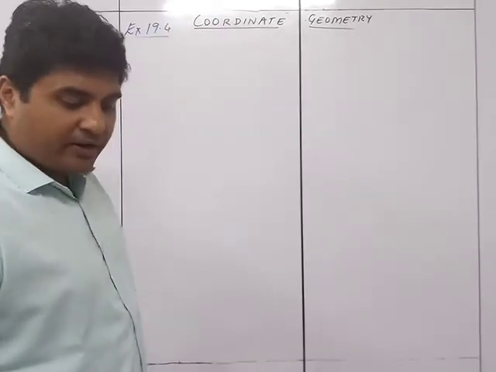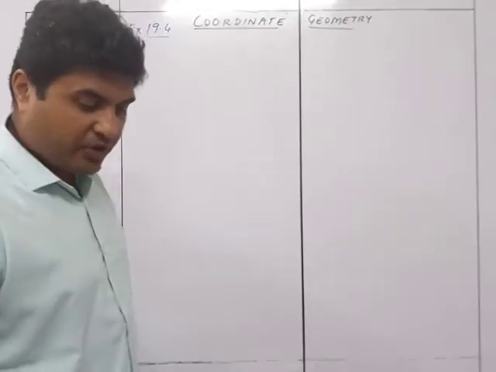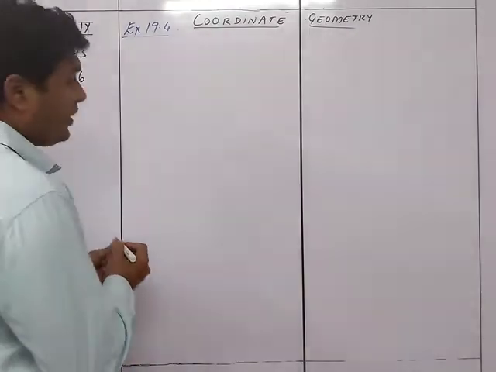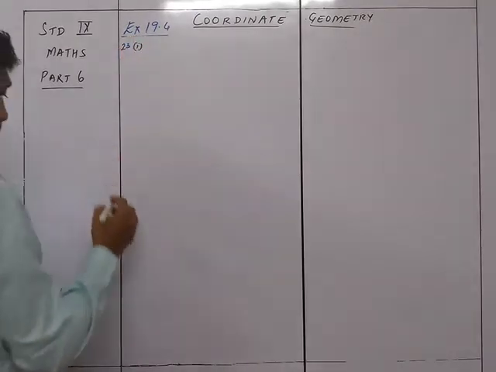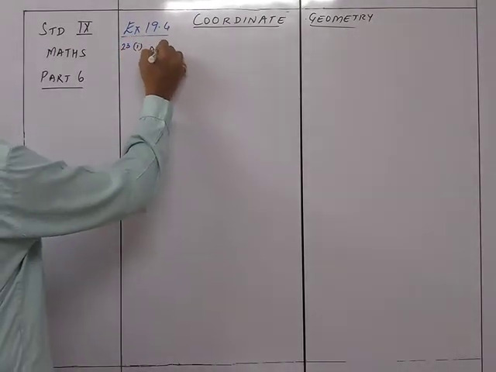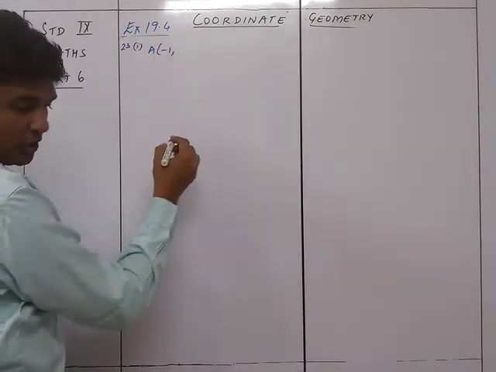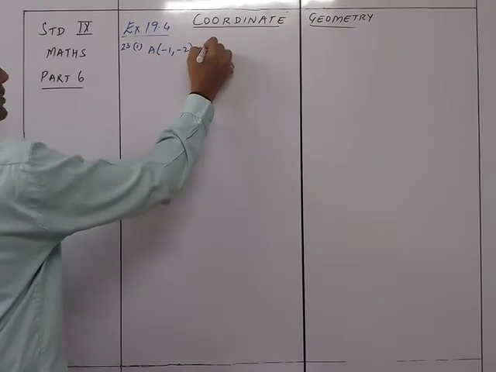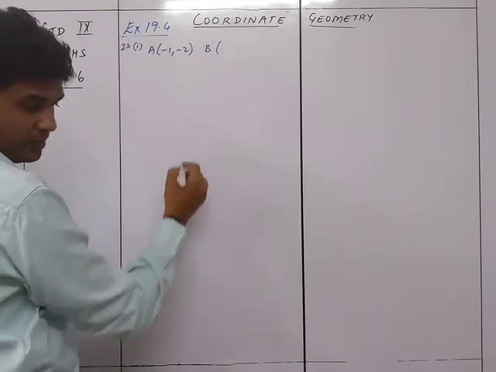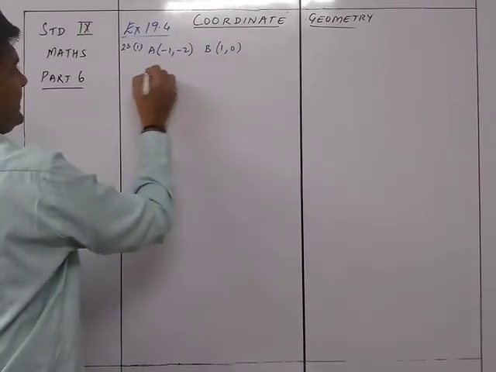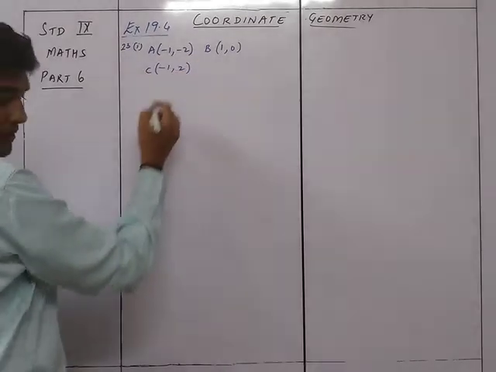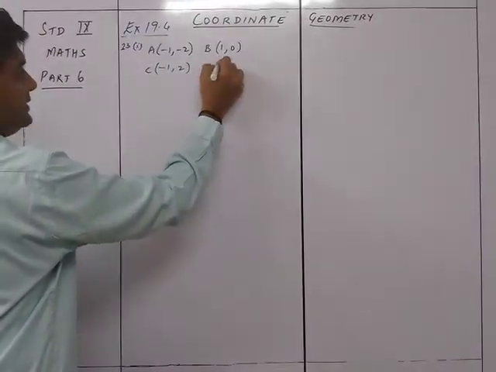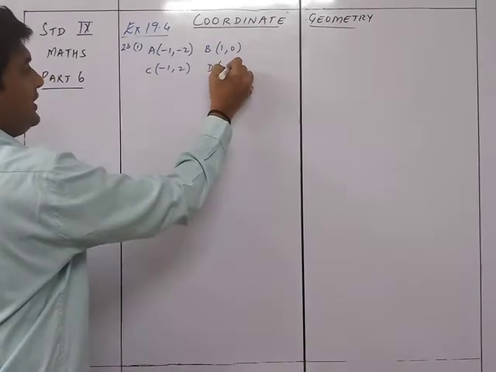Name the type of quadrilateral formed by the following points. Give reason for your answer. So you have the points over here. So 23rd first. I'll write the names so that it's easier to solve. So A is this way, B is 1, 0, C is -1, 2, and D is -3, 0.